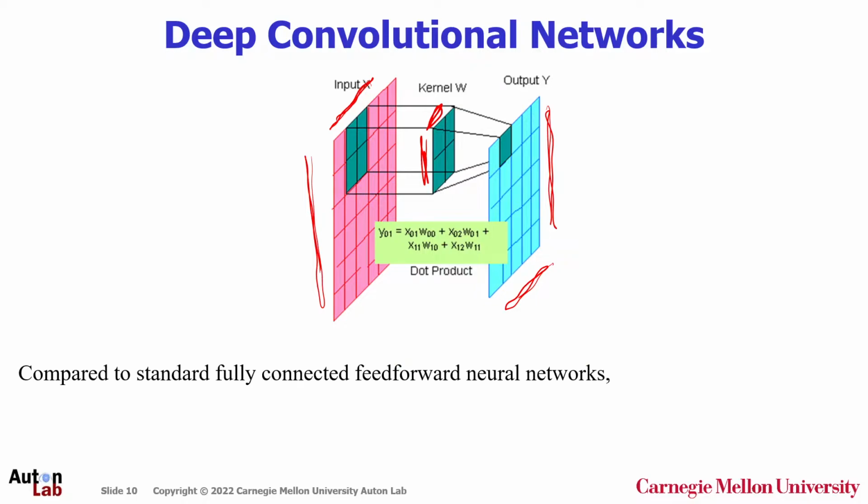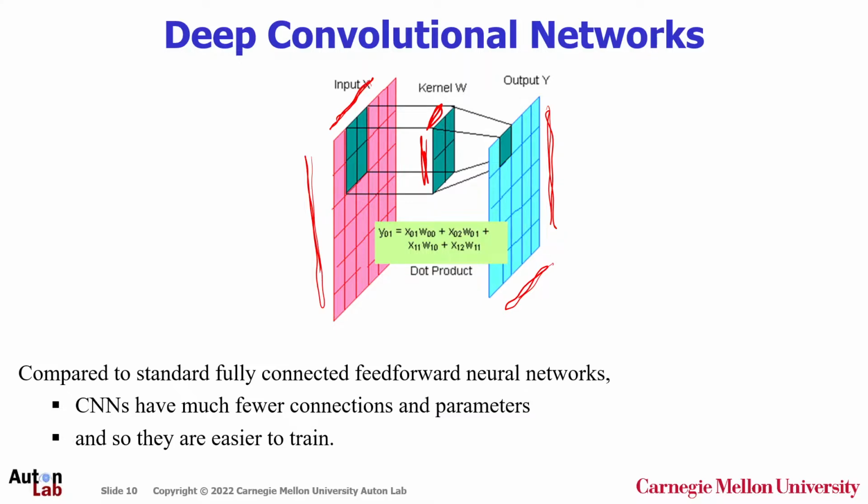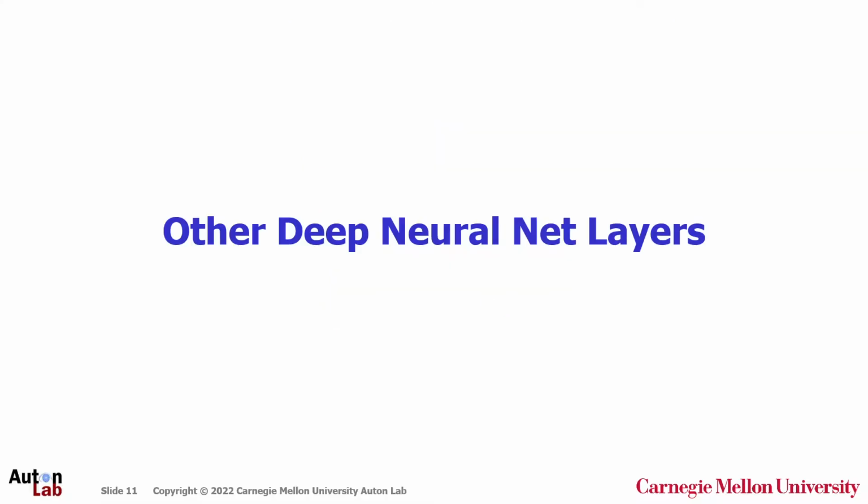So compared to standard fully connected feed-forward neural networks, CNNs have much fewer connections and parameters, and because of that, they are easier to train. There are some other important neural network layers that are often used in convolutional neural nets. We will discuss them now.